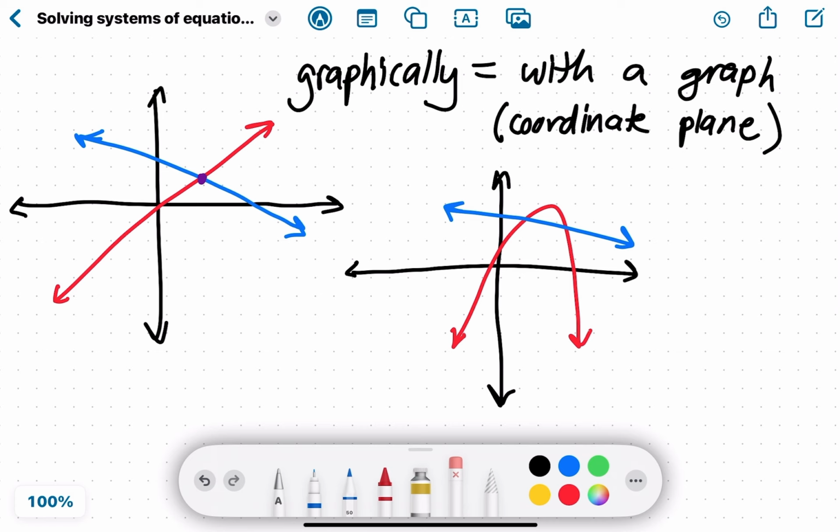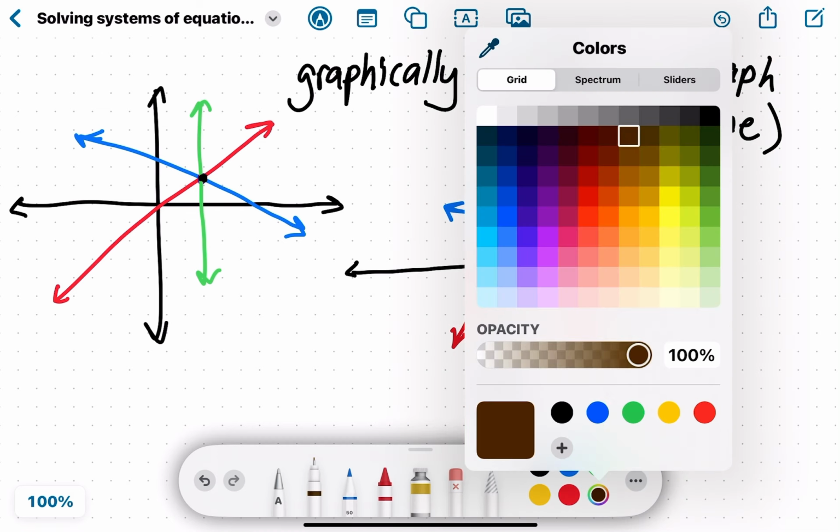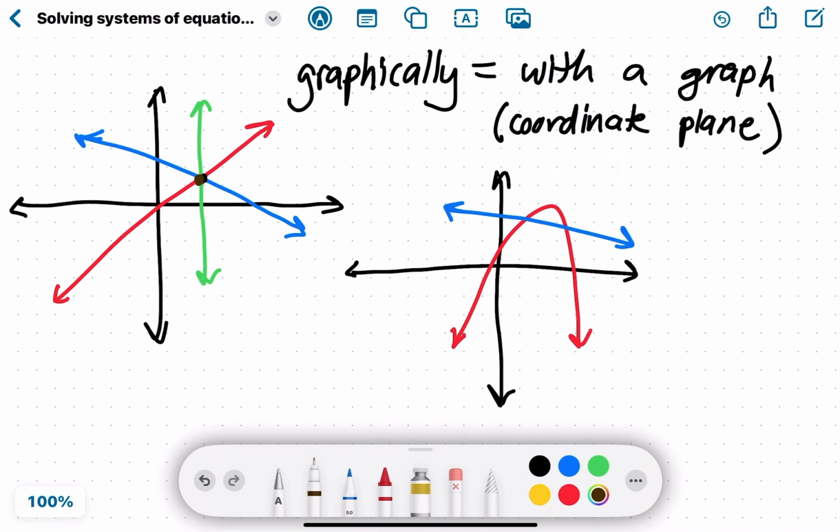So let's say we had a green line over here. Now, I don't know what color red, green, and blue make. That would probably be a black point, or a really weird brown. Maybe something more like this. Yeah, brown.